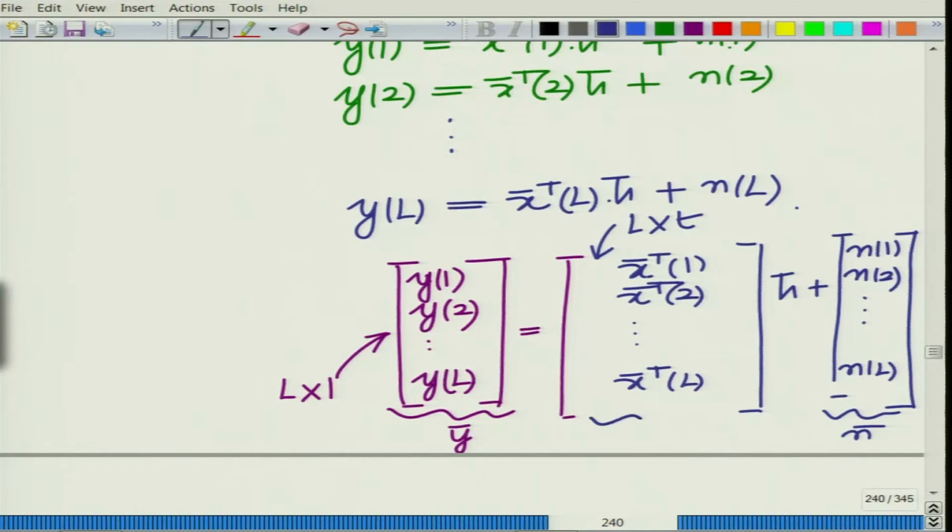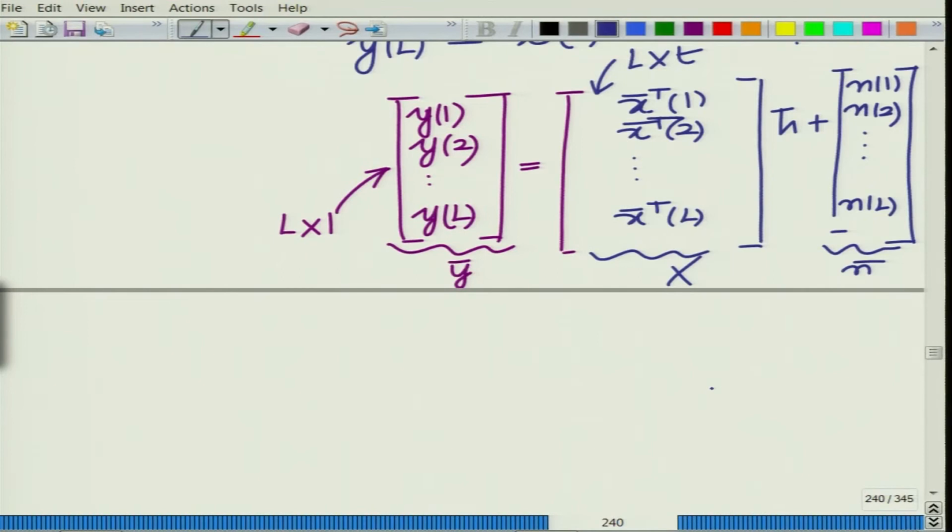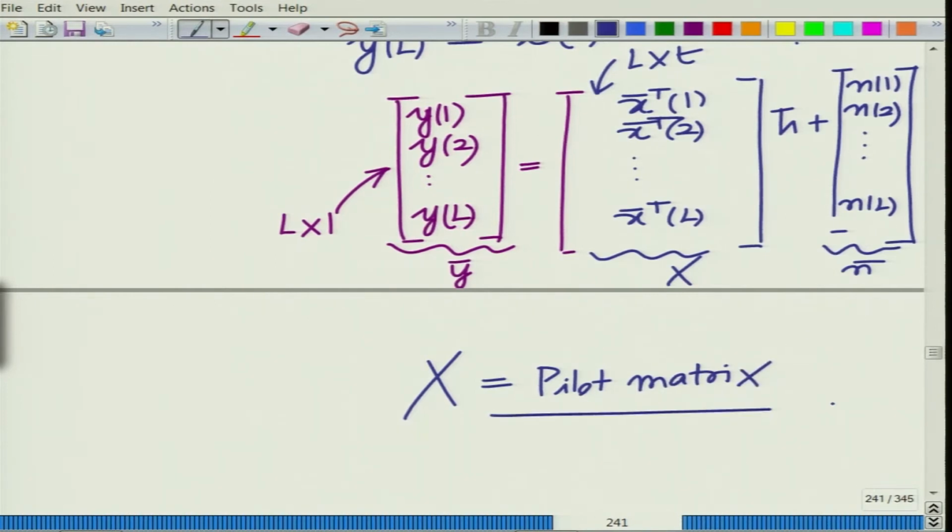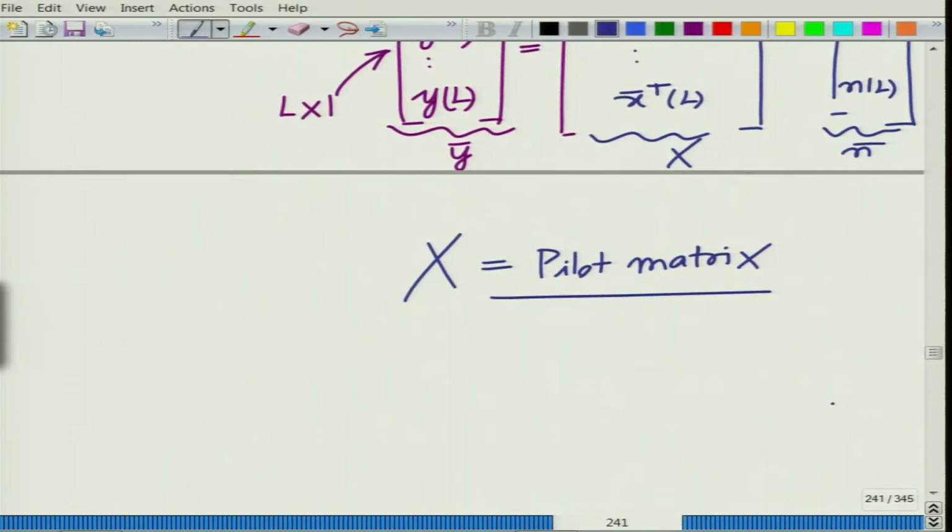This is your noise vector N bar, and this is the matrix X. This matrix X, which contains the pilot vectors, is termed the pilot matrix, right. So, you have the output vector y bar, which is equal to X, your pilot matrix of size L cross T, times H bar, the channel vector containing the channel coefficients H1, H2, Ht, plus the noise vector.